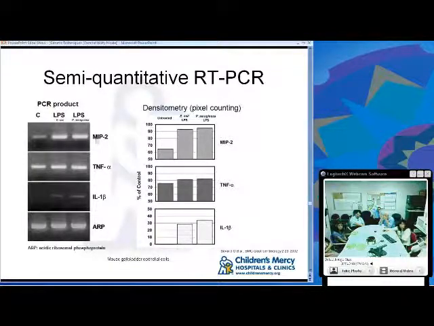Your eyeball says these are the same, and by densitometry they are also the same, and same with TNF-alpha and IL-1 beta. This looks kind of like the same, but when you do the pixel counting, you see that the LPS from Pseudomonas is a little greater in activity than the LPS from E. coli. So this is the way you can quantify this type of analysis. Okay.